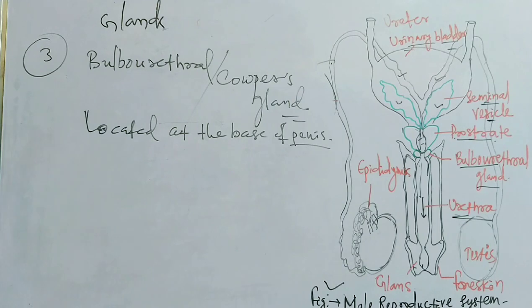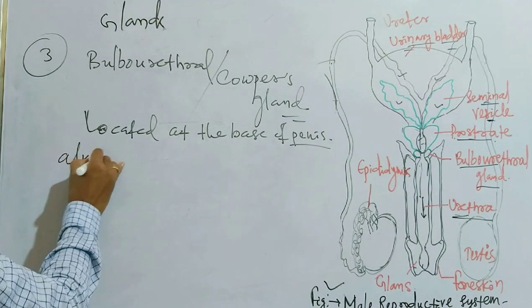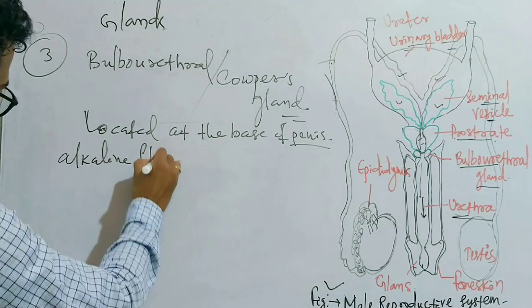Okay, in response to sexual stimulation, the bulbourethral gland secretes alkaline fluid.